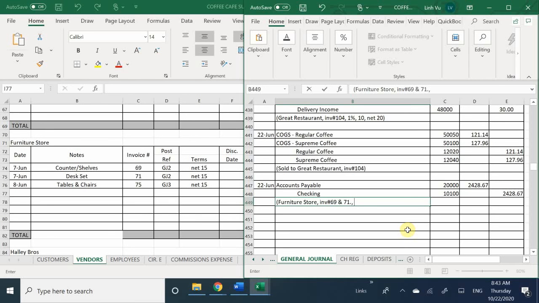And the check number, what was the check number? 1521. And then we go to the ledger.